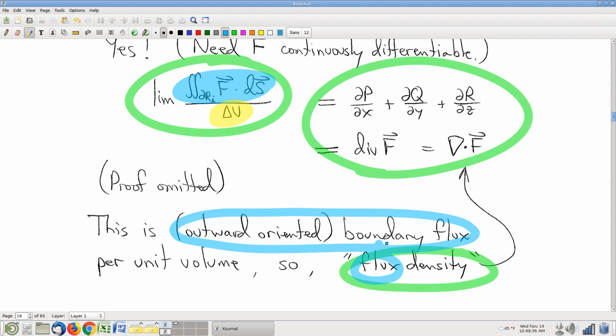Circulation density is a term that's used out there here and there, but probably not as much. Flux density is super, super common. And in some contexts, they won't even use the word divergence. They'll just say flux density. That's what we're talking about. That's how we're interested in interpreting this. And divergence is just, I don't know, what's the point of that word? Right. So anyway, heads up.